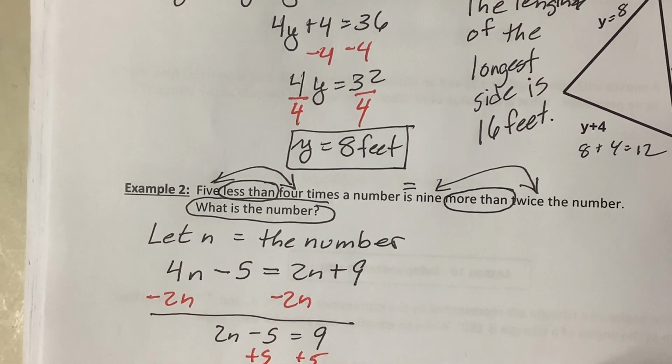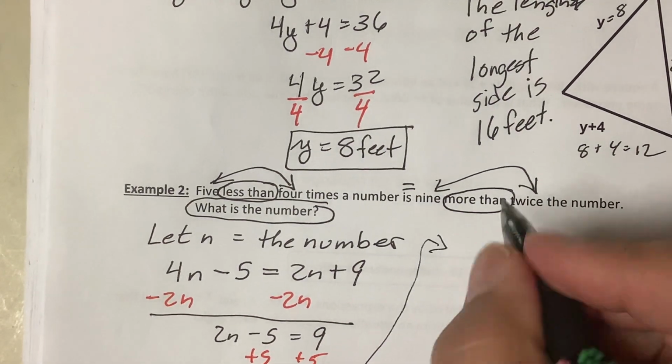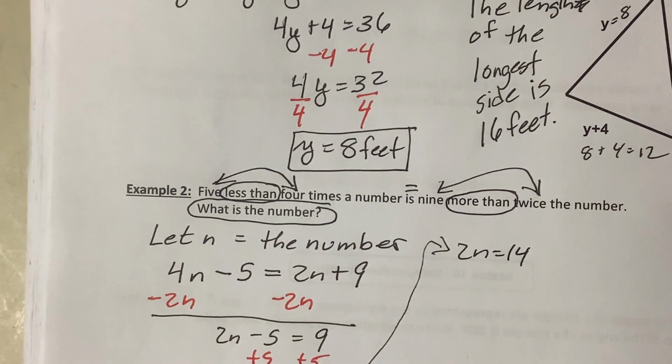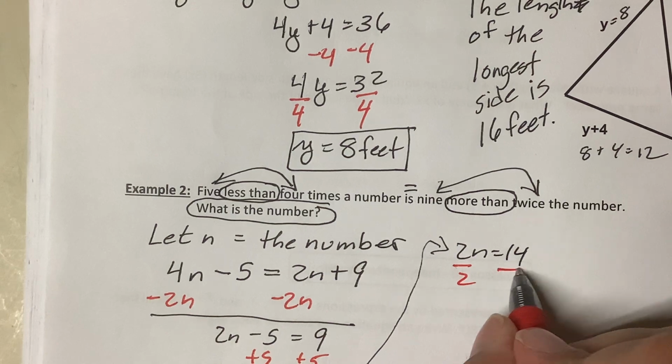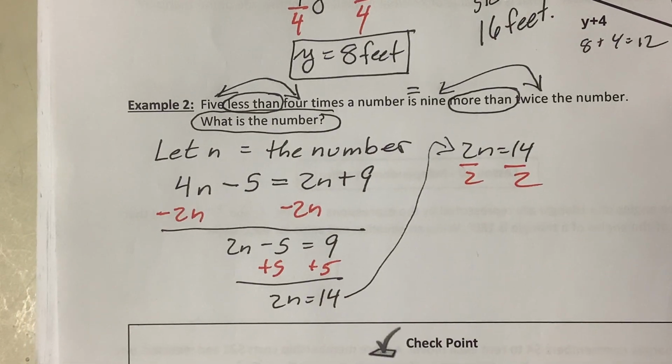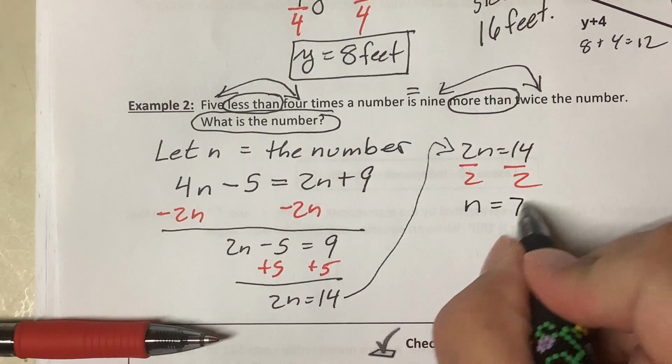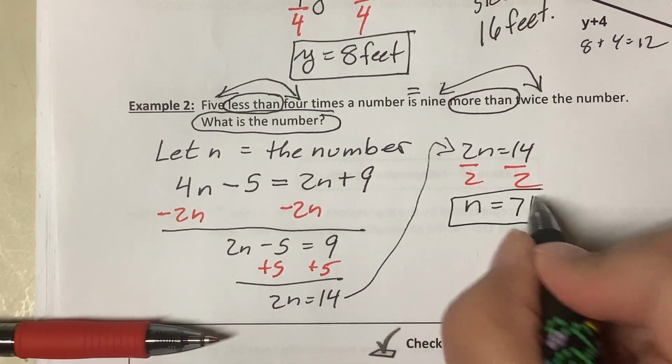I've run out of space, so I'm going to bring it up here to finish it. 2n equals 14. Divide both sides by 2. And I get n equals 7. And I'll put a little box around that.